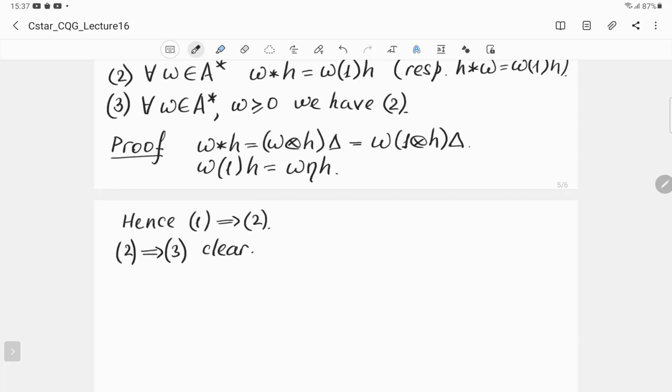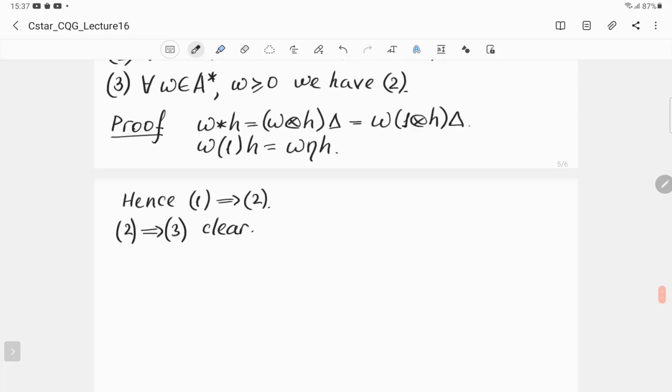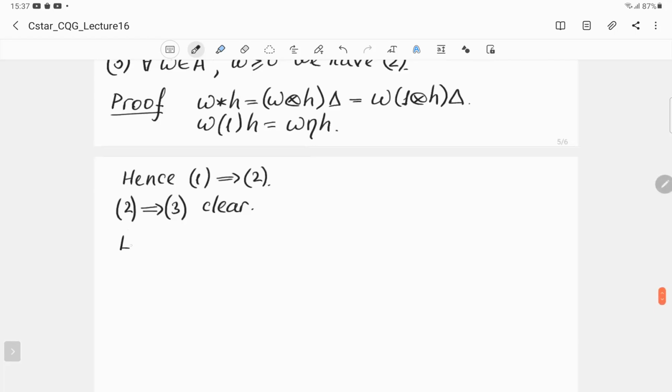And to complete the proof, we need the following lemma, which is an exercise for you. The lemma states that states of A separate the points. This holds for an arbitrary C-star algebra.